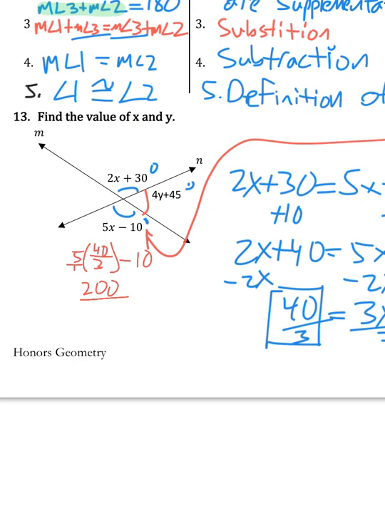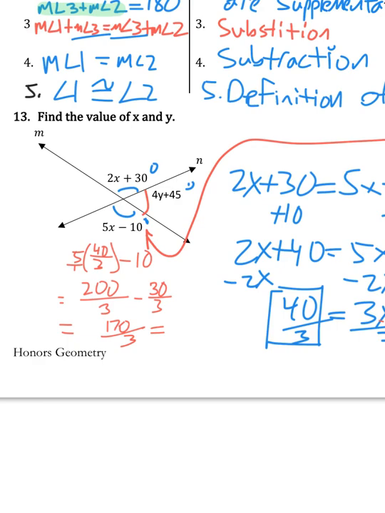So this is 200 thirds minus 10, but we need a common denominator, so I'm going to write this as 30 thirds. So this is, oh, isn't that pretty? Not really. I'm being sarcastic. 170 thirds.